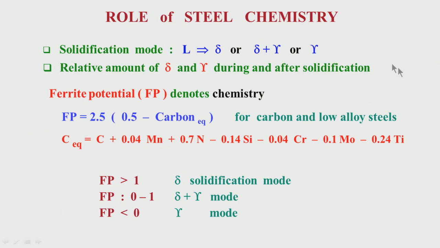So, I think you have understood what I mean by the role of steel chemistry, how it affects the mode of solidification, the solidification sequence, whether to delta or gamma or a combined mode of delta plus gamma. This is very important to understand.